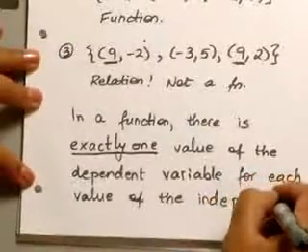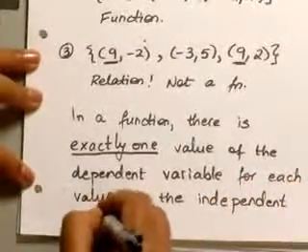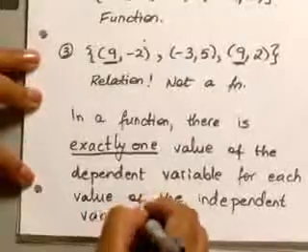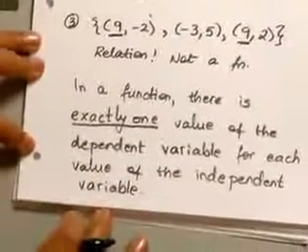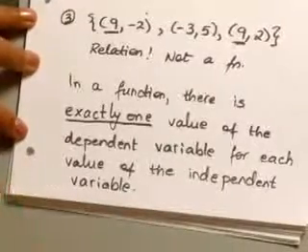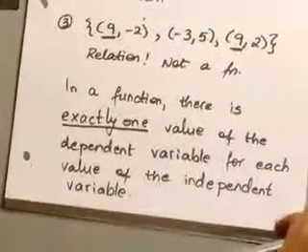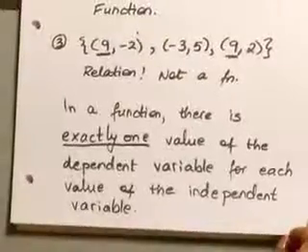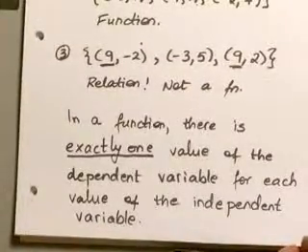All right, there you have it. In a function, there is exactly one value of the dependent variable for each value of the independent variable. So this is just an alternative definition of a function.